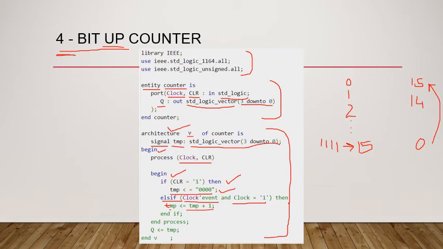So we are adding 1 to the already existing value because it is an up counter. Then we end the if statement, end the process statement, and finally store the value of TMP in Q. So Q output is given to us. This is the manner in which we write the VHDL code for a 4-bit up counter.